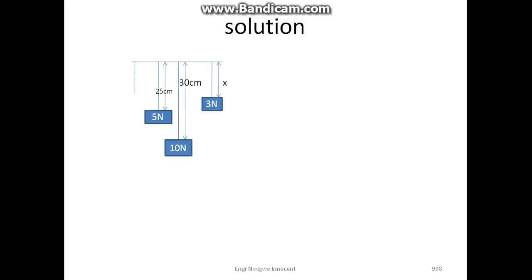Solution. Looking at this diagram, when a weight of 5 Newton is hanging, the length is 25 cm. When a weight of 10 Newton is hanging, the length of the spring is 30 cm. When a weight of 3 Newton is hanging, we don't know the length.